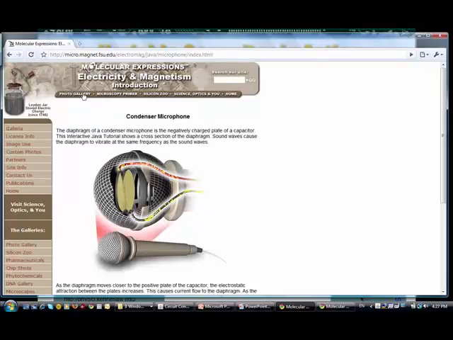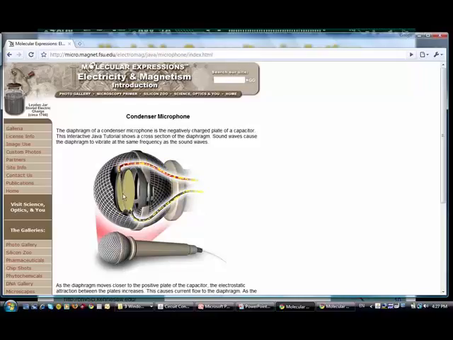Now, one example of a use of a capacitor with a variable capacitance is a microphone, what we call a condenser microphone. In this particular case, one of the plates of the microphone is going to be a sturdy plate, and another one is going to be made up of what we call a diaphragm, something that's going to be able to vibrate and move based on the sound near the microphone.